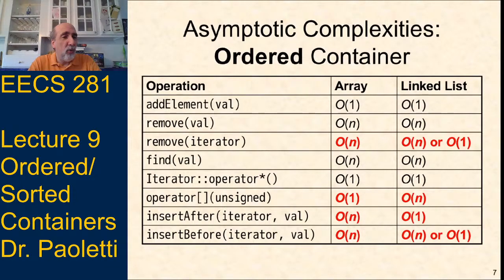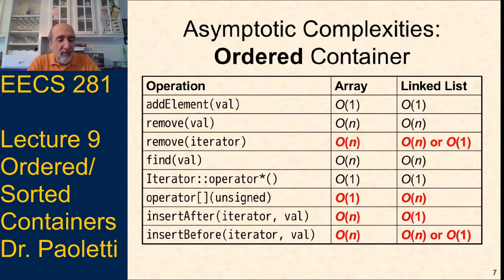When I remove an element, given a value, they're both O of n because they both have to find the value. They've got to go through the container, find the value, and it could be the last place possible, like I could start at the beginning and find it at the very last one, or it could be that the value's not in there. Either way, it's going to be O of n time.